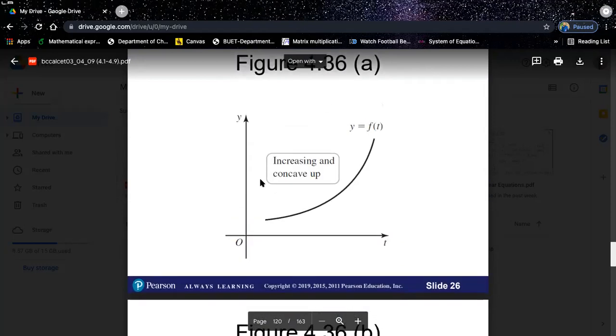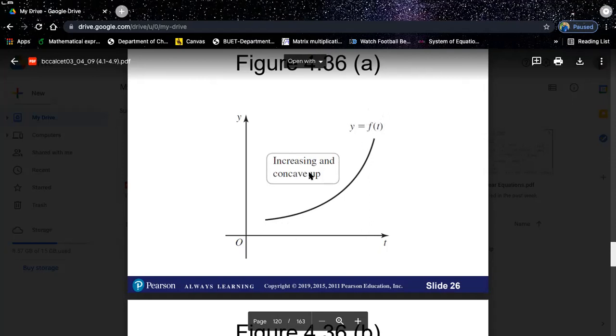Let me ask you, why do you think this part of the graph is concave up? Anyone? Can anyone explain? Increasing? What increasing? Oh, that's the original. I thought it was like a derivative graph. Never mind. Yeah, it's the original curve for y equals f of t, whatever the function is, doesn't matter.